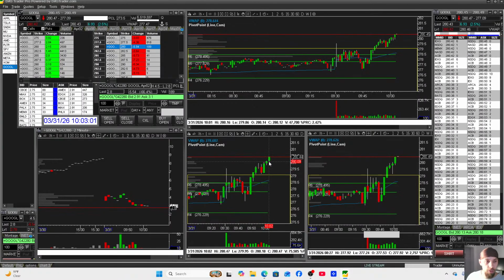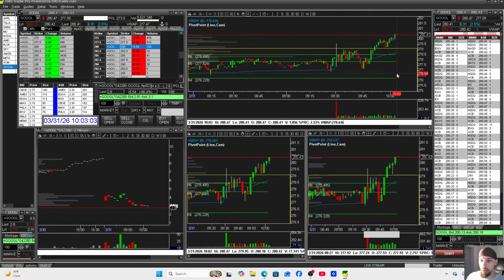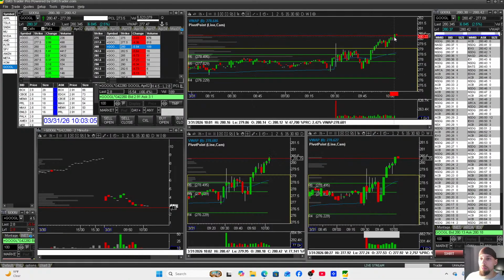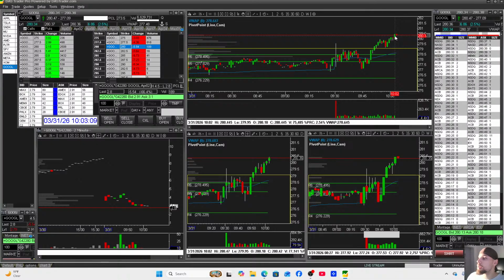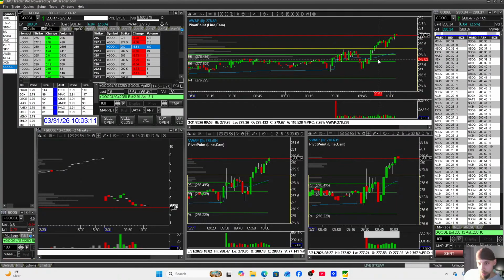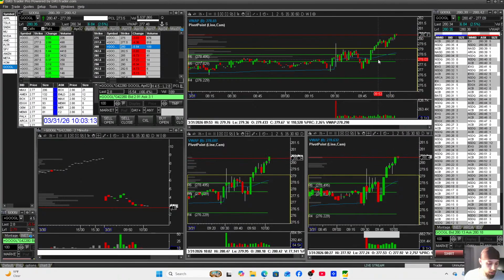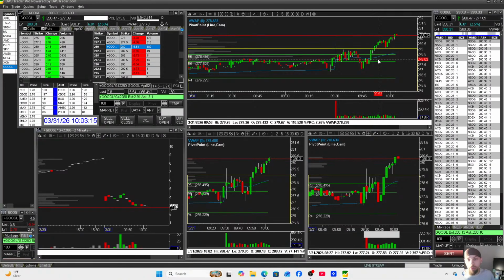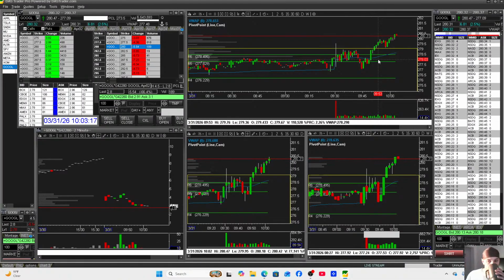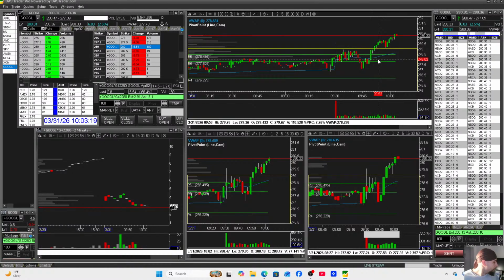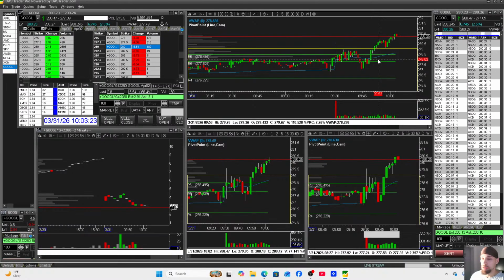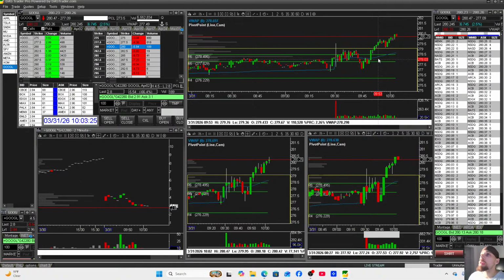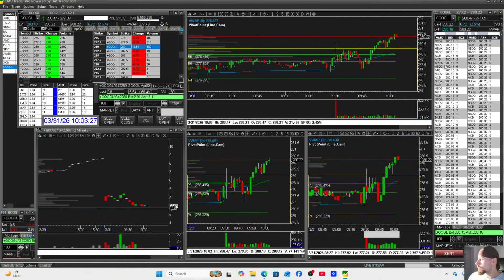Moving up here as volume's decreasing. 1 minute still picking up. Maybe probably a half hour until there's potential reversals here. Bulls are very much in control of the open so far today.